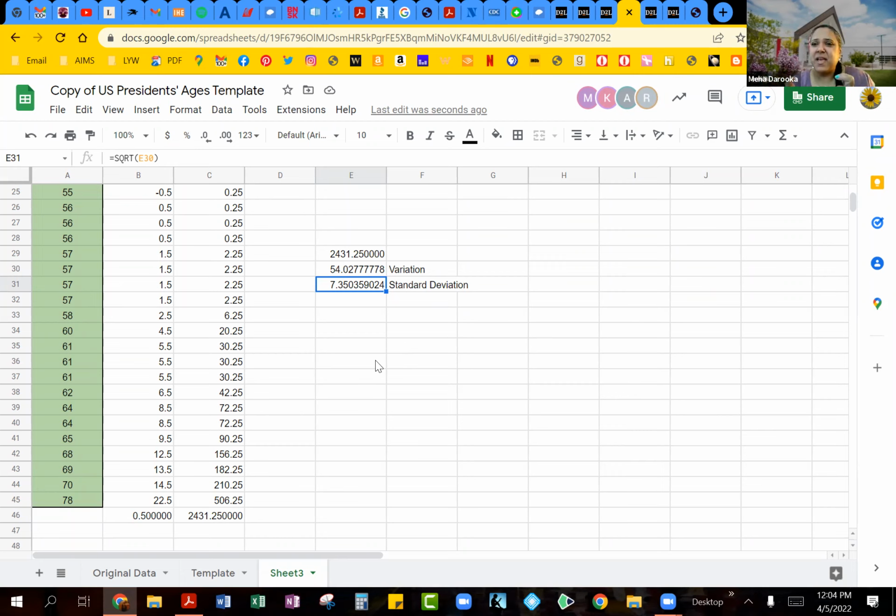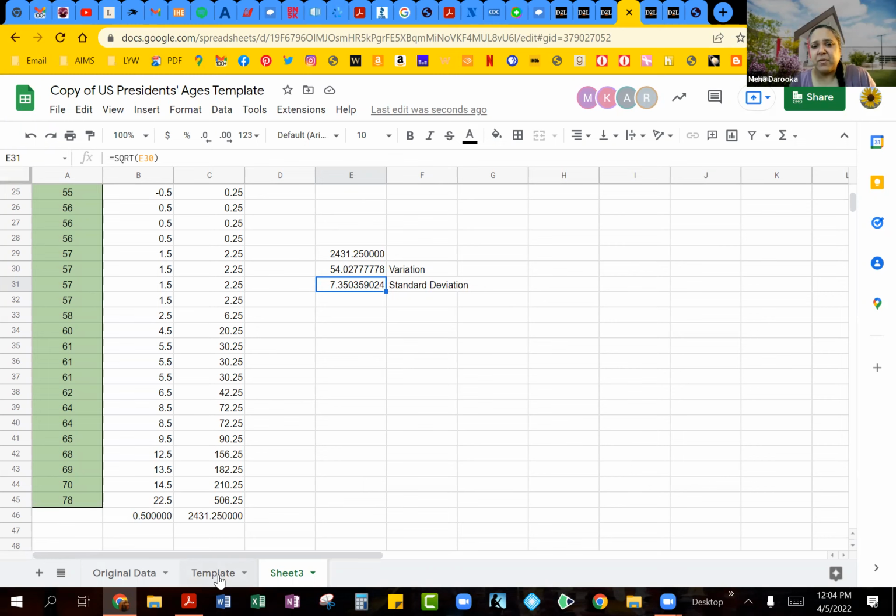So the standard deviation tells us the average distance of our data values from our mean. That's how we talk about whether your data is spread out more. If the number is large, your data is very spread out. If the number is small, your data is closer to the mean, which means it's more consistent. It's not quite as spread out. That's what this measure of dispersion does.